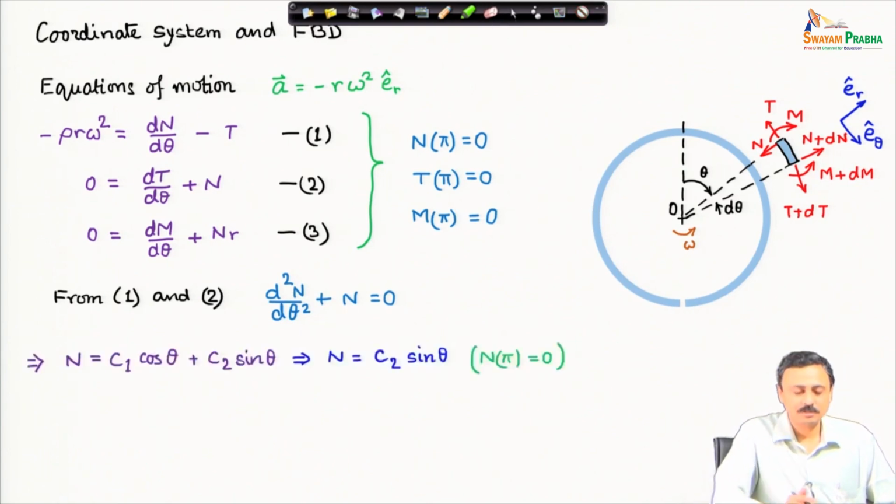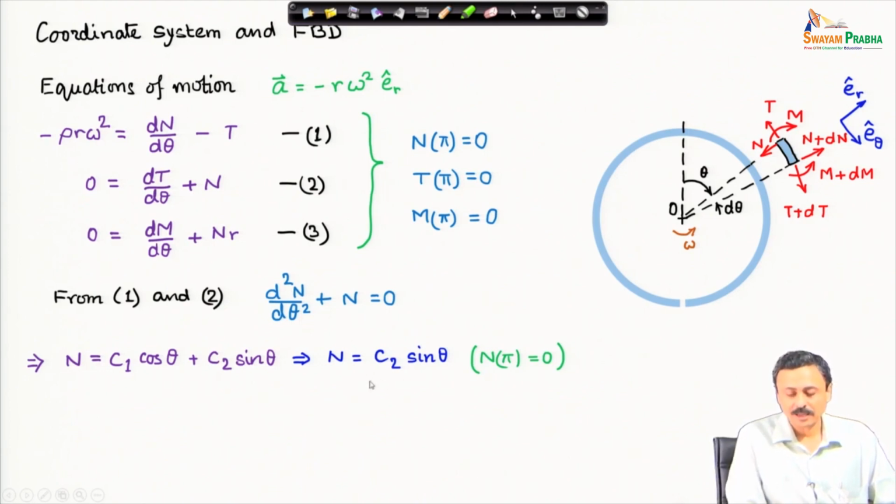Its general solution, as you know, is in terms of trigonometric functions sine and cosine with two constants of integration C1 and C2. Using the boundary condition that the shear force at theta equal to pi must vanish, I can drop the C1 term, because at theta equal to pi, cosine pi, which is minus 1, will start contributing, whereas sin pi will go to 0.